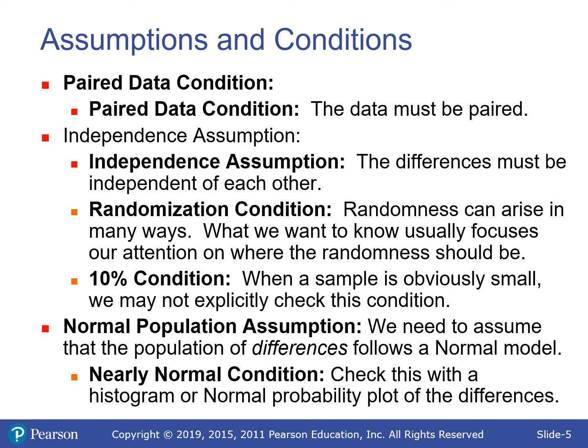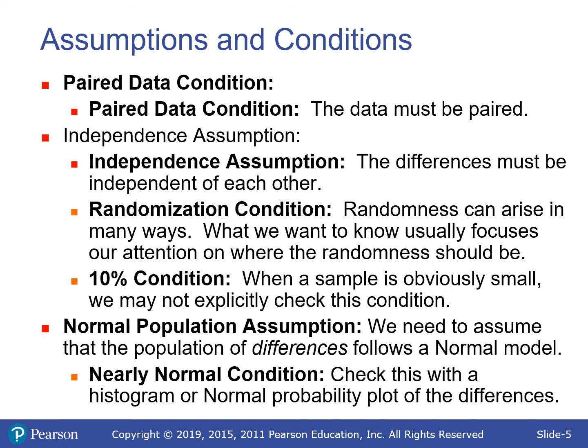The 10% condition. So when the sample is obviously small, we don't necessarily need to check the condition. But it's just the same. It can't be more than 10% of the population, because then the variation starts getting, it changes. Our formulas don't work out quite as well.